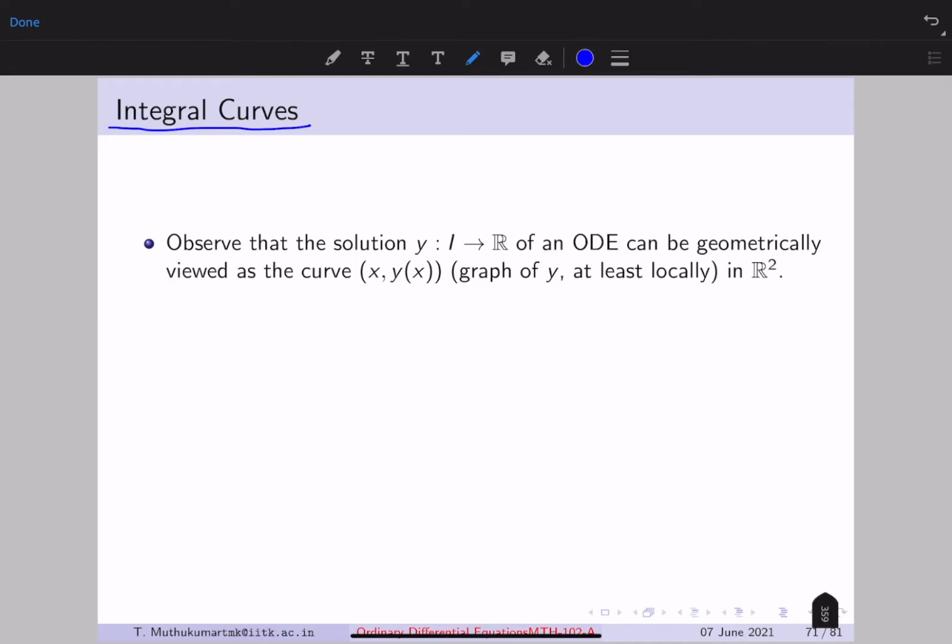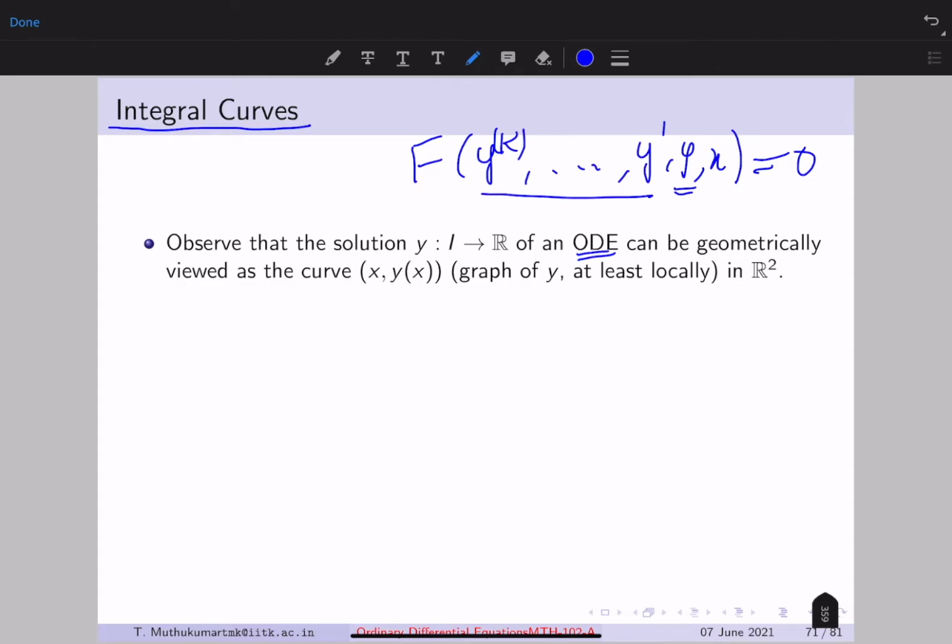See, when you have an ODE of some form, of any order, let's say kth order, you have F of x, y, y prime, up to y to the k, equal to 0. Then the unknown is the function y and all its derivatives.